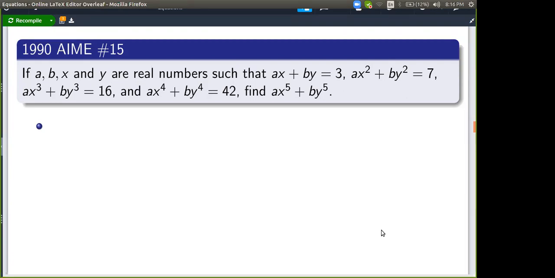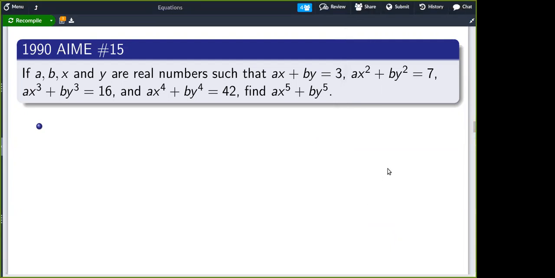So one thing that you might ask is how to go from a times x to the n plus b times y to the n to a times x to the n plus 1 plus b times y to the n plus 1.